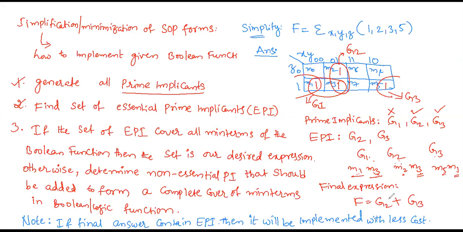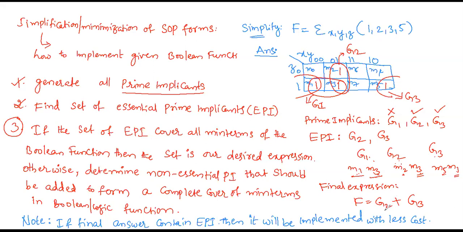Now we need to check this G2 and G3. Step 2 is over. Now go with step 3 for checking the final answer. F is equal to G2 plus G3. We have written the essential prime implicants. Now check: if the set of EPIs covers all minterms of the Boolean function, then that set is our desired expression.